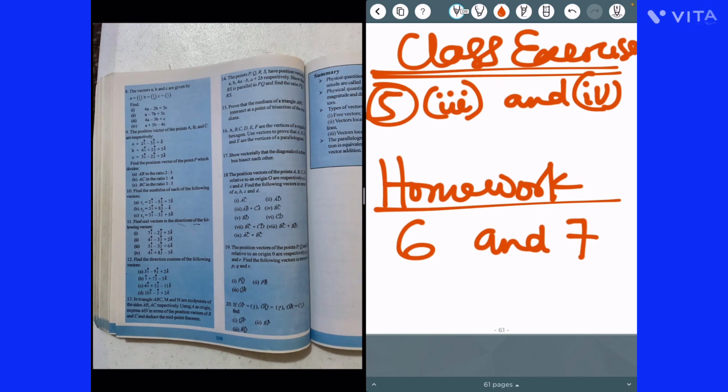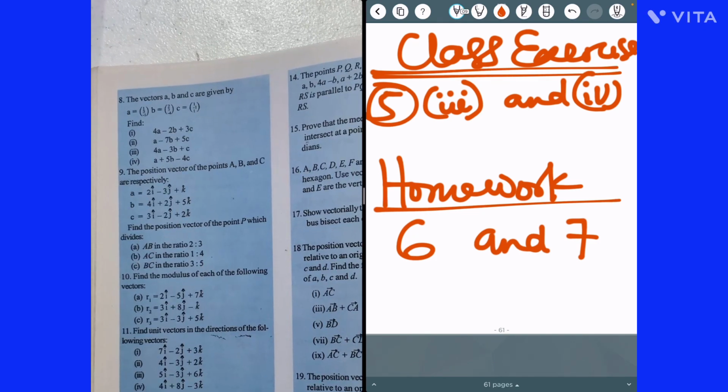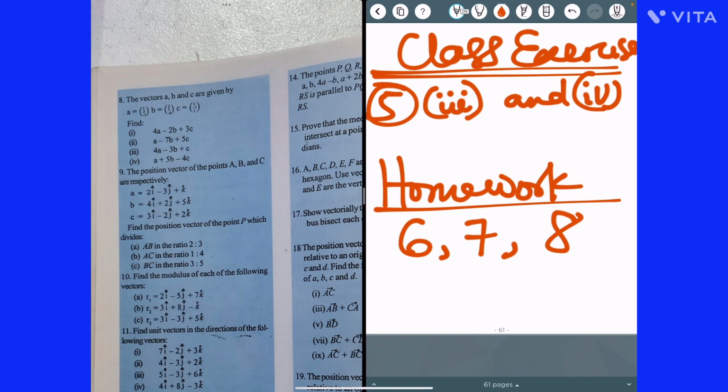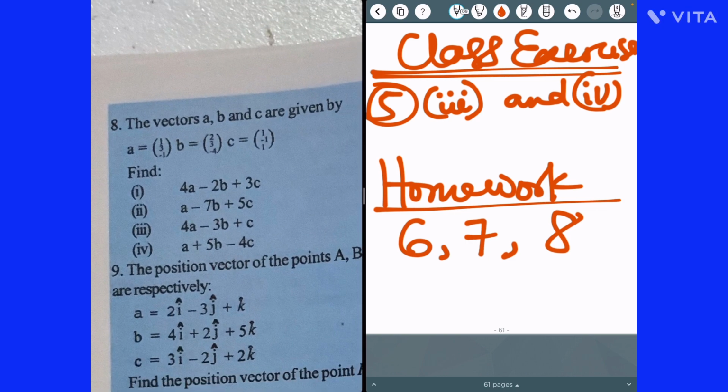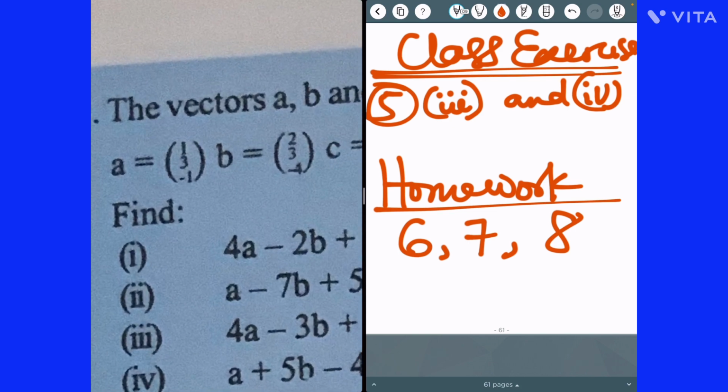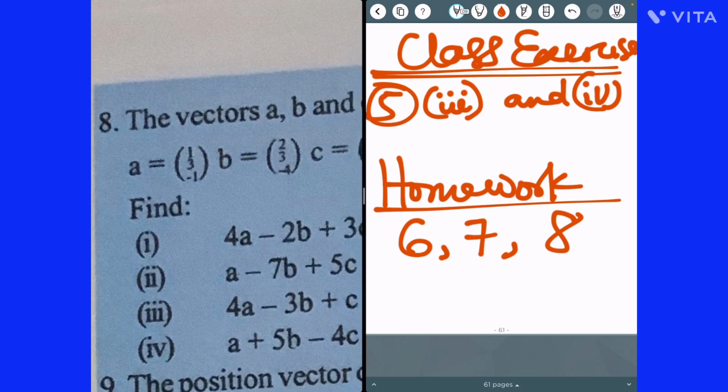Let me see what's in 8. Okay, as your homework, you do the whole of questions 6, 7, and 8. It's the same thing. They've just written this in column form. So this is 1i plus 3j. A here in question 8 is 1i plus 3j minus k.